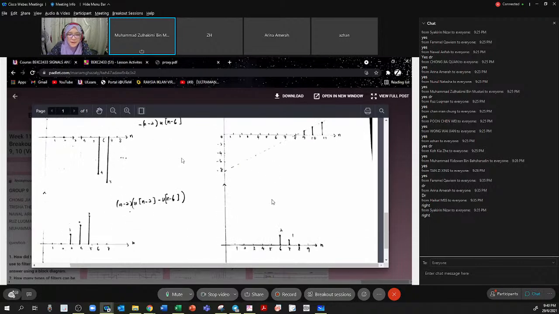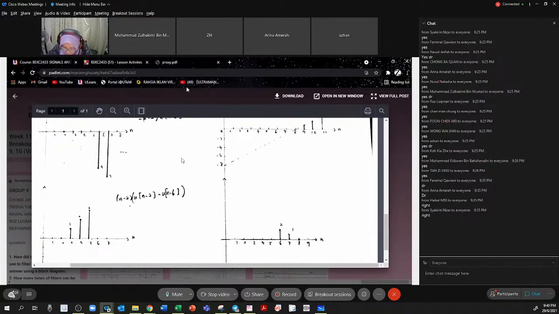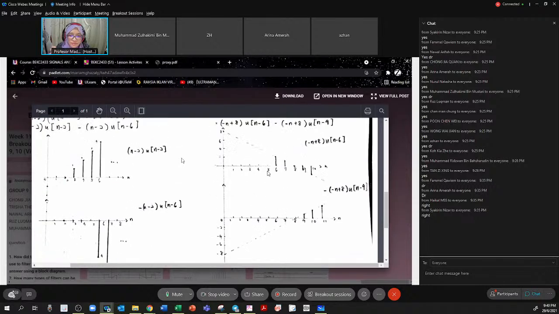Okay. Let me just look at that. Can you go up? Okay, I know that for the first equation, if I write out the step equation, then I have the value from 6 to 8, one value, amplitude. And now to plot minus n plus 8. So minus n plus 8, you know that if n is this value, then if it's inverted, you are going to have its inverse in this position.